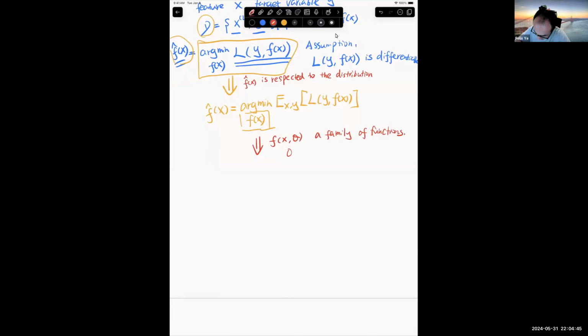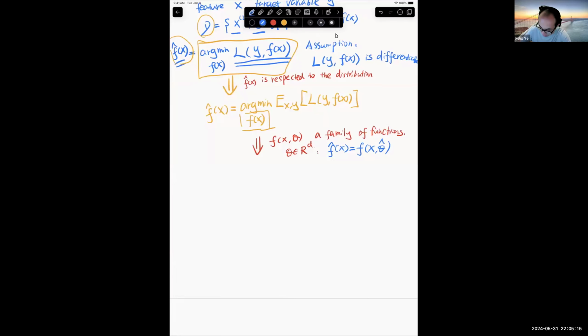This theta is something in R^d, that we can learn, such that we don't actually need to search a complicated functional space. We're just trying to solve for the optimal parameters. So in this case my f hat of x is just the optimal parameters for the family of functions.